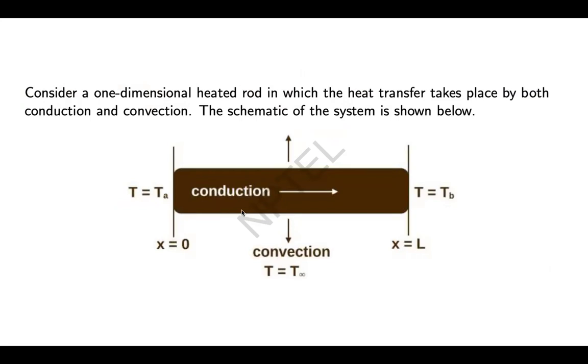Not only along the length of the rod, there could also be a temperature gradient in the vertical direction, that is along the width of the rod. But we are assuming that kind of temperature gradient is negligible, and we are only taking the temperature effects due to the length of the rod. So there is only one independent variable, the length of the rod x, and the temperature is a dependent variable on it.